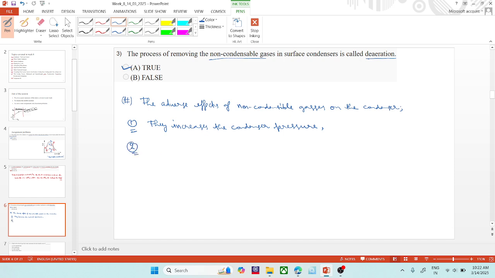The second one is they decrease the heat transfer rate by the blanket action.